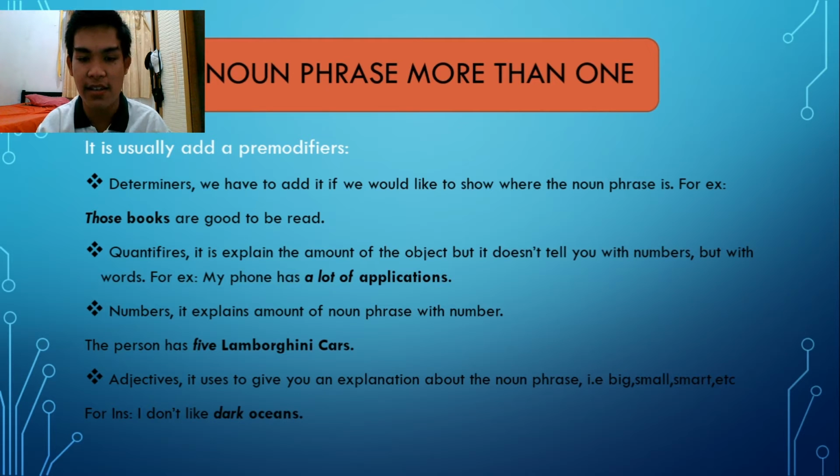And the last is adjectives. Yep, most of you maybe already know what adjective is. It is used to give an explanation, words about the noun phrase, I.e., big, small, smart, and etc. To make you clear, I'll give you an example. I don't like dark oceans. Dark is the adjectives.